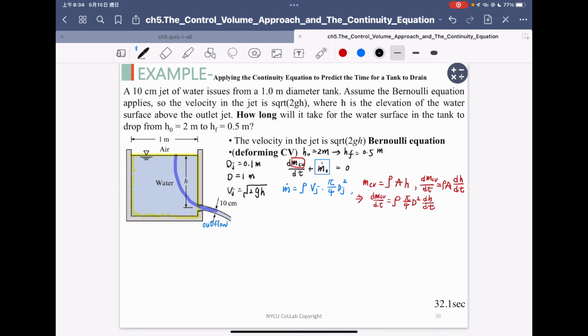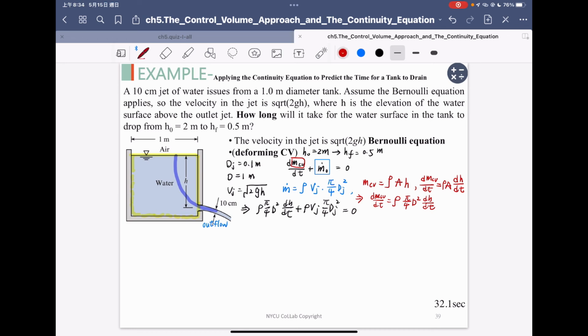We merge all of the parameters we have in here: rho pi over 4 d squared dH/dt plus rho vj pi over 4 dj squared will equal to 0.